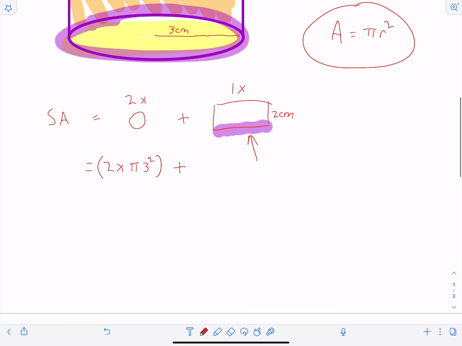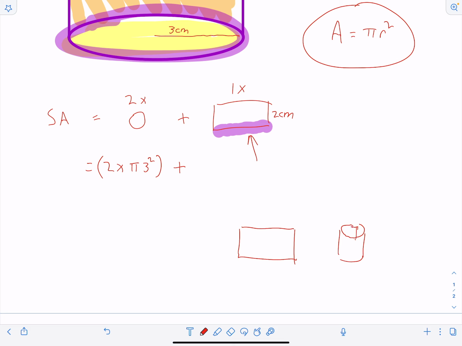A good way to do it is if you get an A4 piece of paper, just to look at it physically, and then you roll up that A4 piece of paper into a cylinder.